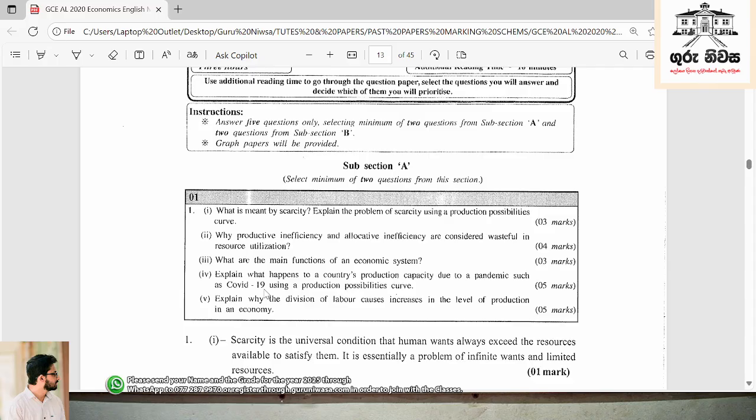Make your own structure, Lamai. If you had done A level in this year 2020, how your answer would have been? Fourth one, yes.